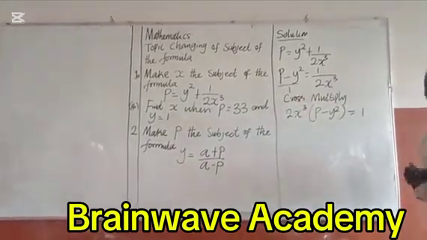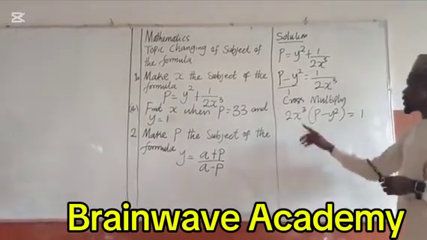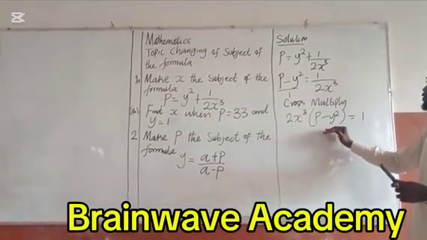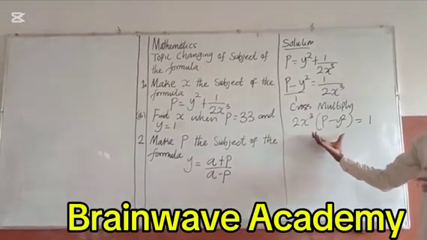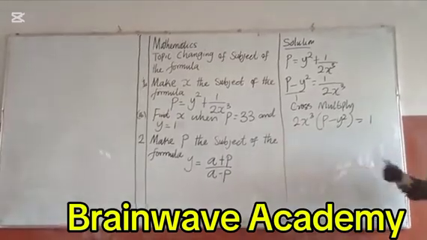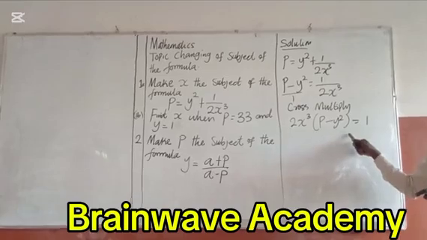Then the next thing is to expand the bracket. Sorry, you cannot expand the bracket, because if you expand the bracket, you make the equation difficult again, because S is already out here. So, what is the equivalent of S here is 2 open bracket P minus Y square.